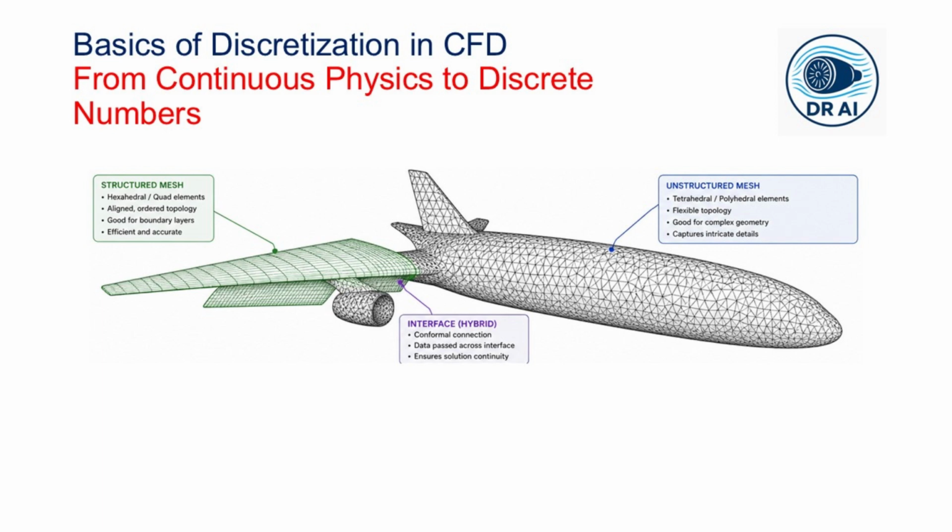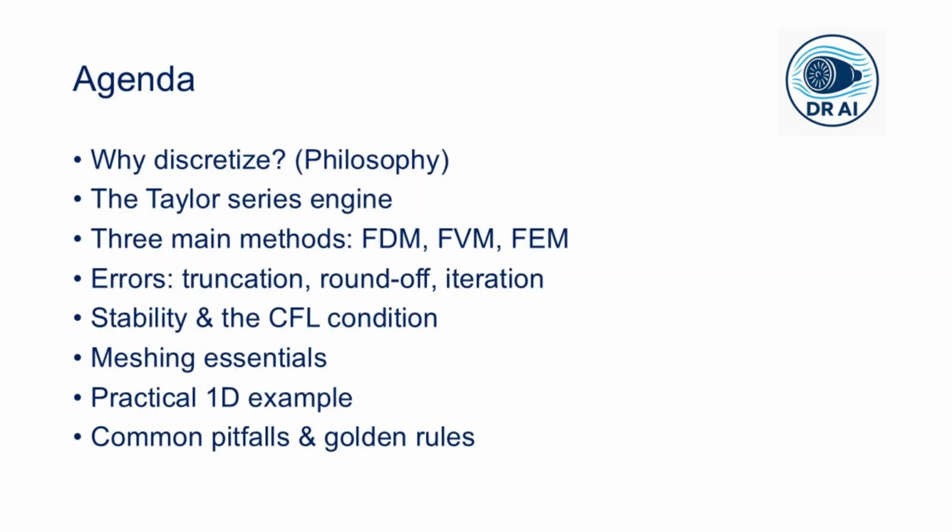So let us begin. By the end of this session, you will be able to explain why partial differential equations cannot be solved directly on a computer, derive a finite difference approximation from a Taylor series, and understand the error you just introduced, and distinguish between the finite difference, finite volume, and finite element methods, and know which one is used in Fluent, OpenFOAM and why.